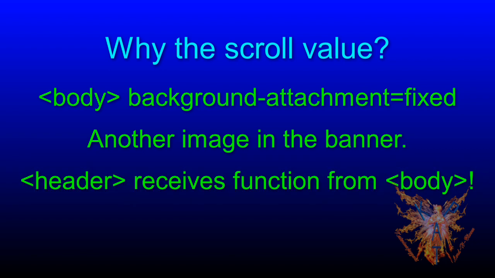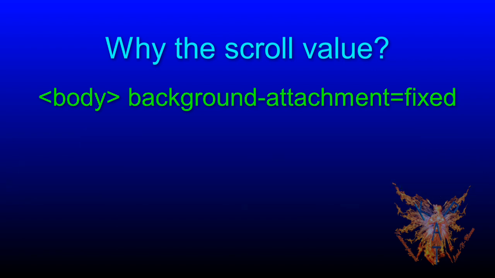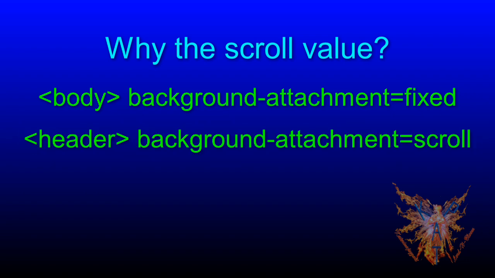The banner being in the body, it will therefore inherit these properties, and therefore also the background-attachment fixed. But the image of our banner must scroll with the banner, therefore we will have to add the property background-attachment to it with the value scroll, which will take precedence over the value fixed of the whole page.